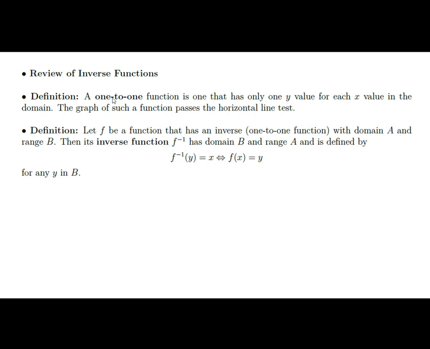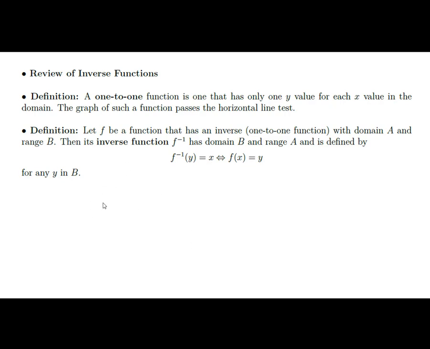In order for a function to have an inverse, it must be a one-to-one function. Remember what that means: every single y value has only one x value associated with it.